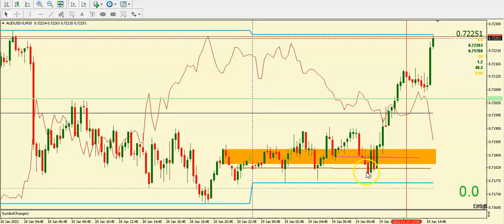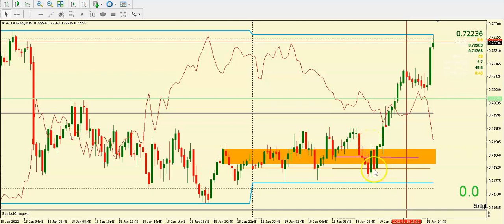But the 3 candle pattern, body wise, is here. So 1, 2, 3, and then it came up, and then came down, and didn't take this out. So it did the 3 candle pattern, and then came back into the range.